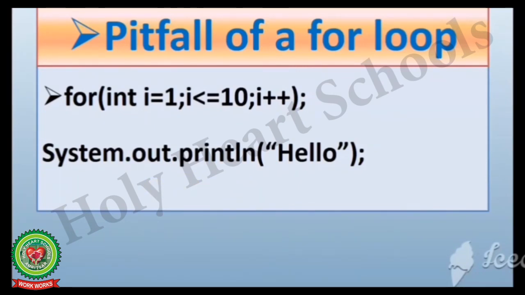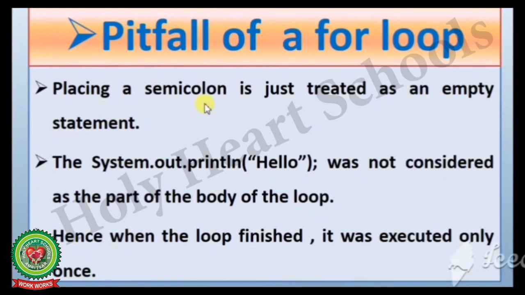The reason is placing a semicolon is just treated as an empty statement. Java compiler considered this empty statement as body of the loop and executed it. The system.out.println was not considered as a part of the body of the loop. Means whenever after the for loop semicolon is there, that is treated as an empty statement.